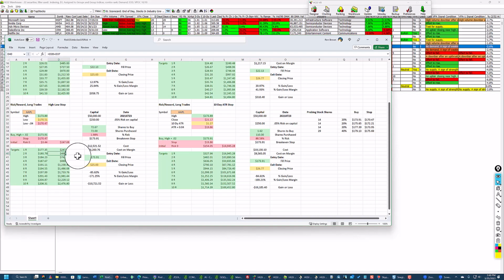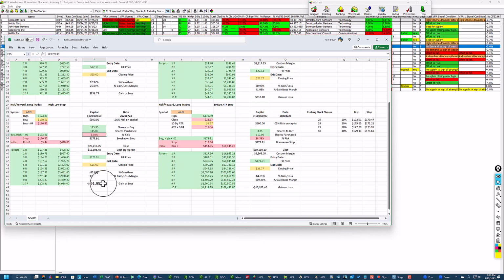If it gets up to 180.79, you're going to make $500 at 70 cents a share. Or you can come in here and change this capital amount to $100,000, and then you can buy 500 shares. No, I'm sorry. You're risking $500, and you can buy 145 shares.